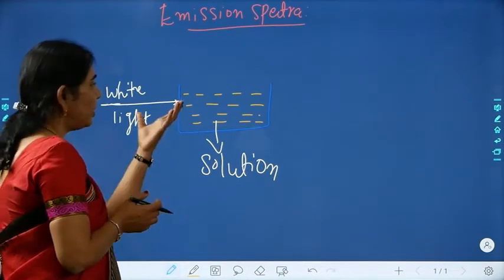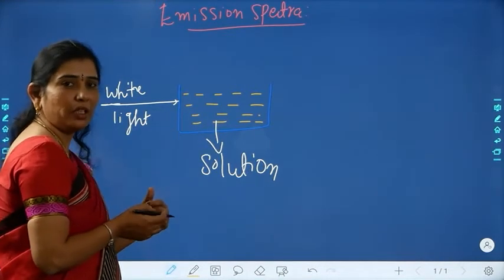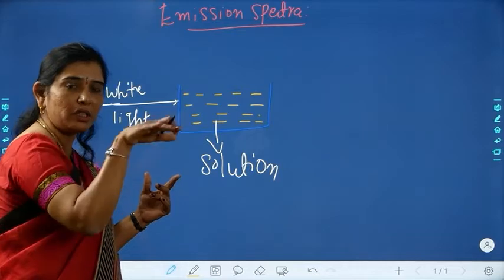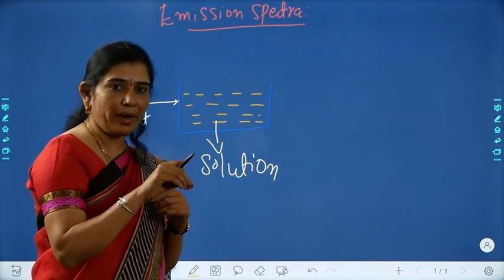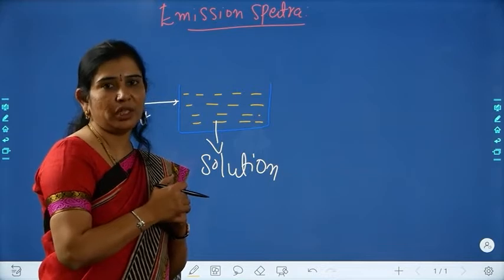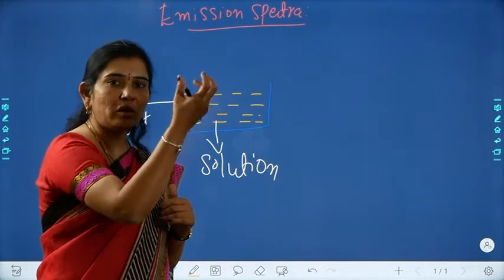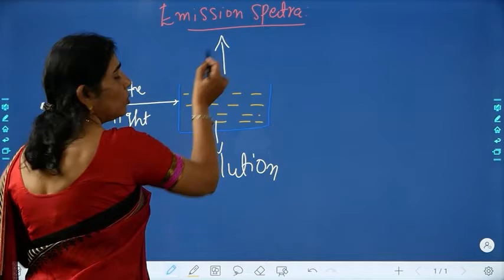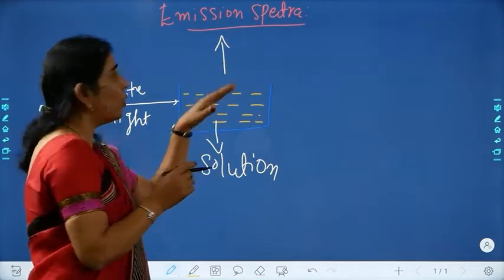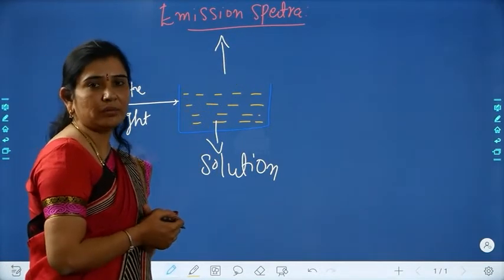Electrons. When the light radiation is absorbed by the electrons, actually electrons are present in the ground state, you know very well. The electrons of an atom are present in the ground state energy level. Once the electron absorbs the energy, what is going to happen here? That electron goes to the higher energy state, which we call the excited state.